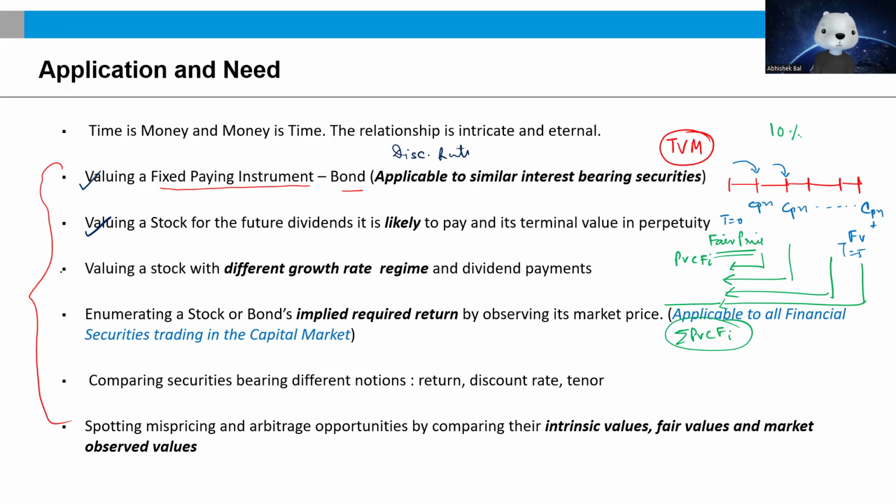Even in those cases, all that we are talking about is future expected cash flows, which I'm going to denote as ECF. Once you have the notion of those future expected cash flows, all that we require is to suitably discount them to present value in order to find the fair value of the security under consideration.